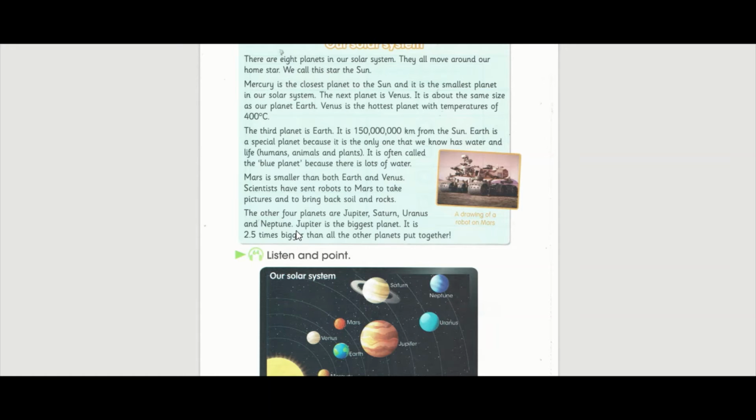Okay, but here it mentions that Jupiter is the biggest planet. Jupiter, here is Jupiter، هو الكوكب الأكبر. Okay, it is 2.5 times bigger than all the other planets put together. يعني إذا نجمع الكواكب كلها هو أكبر منها بمرتين ونصف.